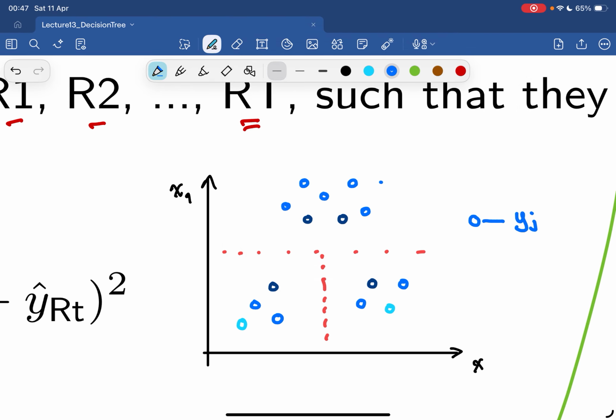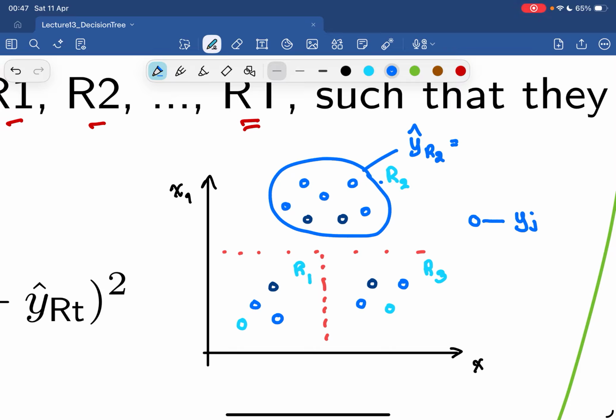And if you could divide the regions as such, R1, R2, and R3, maybe the value that could well represent R2 is the average of these points. Then you have y hat R2 being the average of these, divided by 1, 2, 3, 4, 5, 6, 7, right?